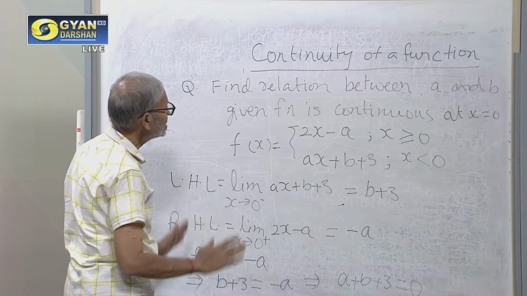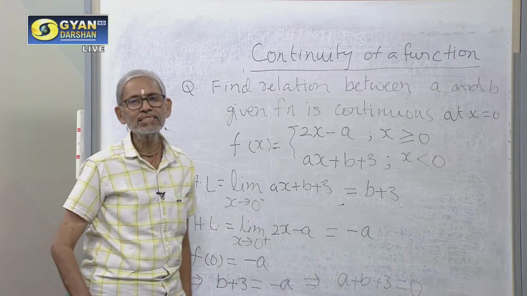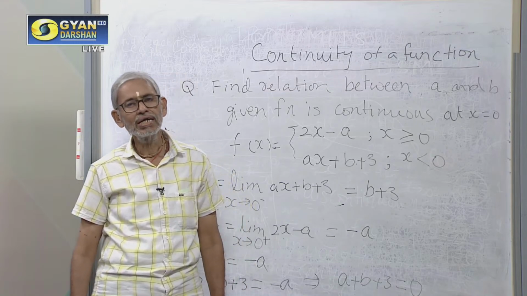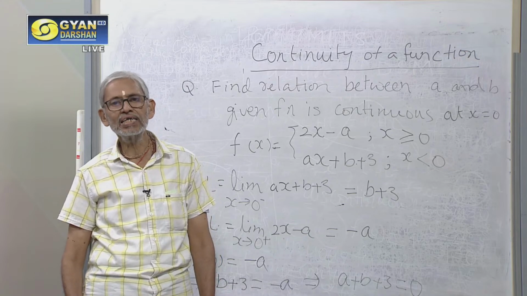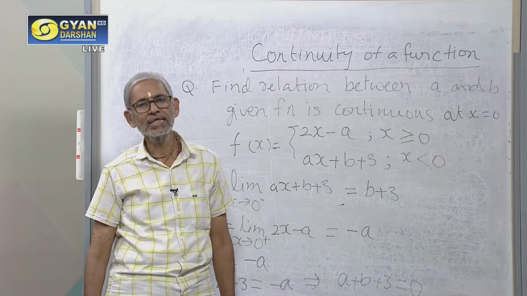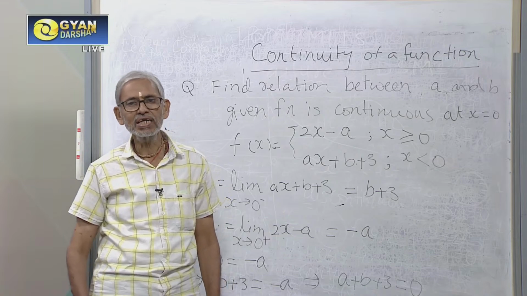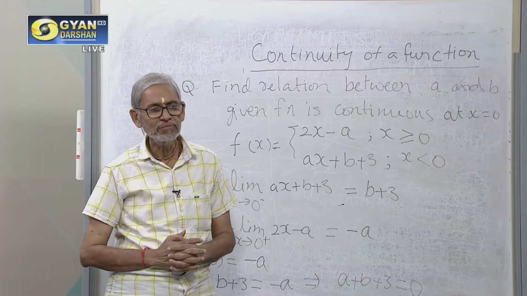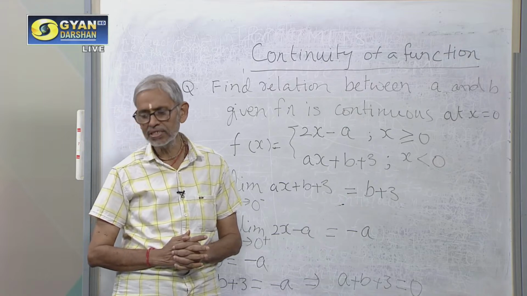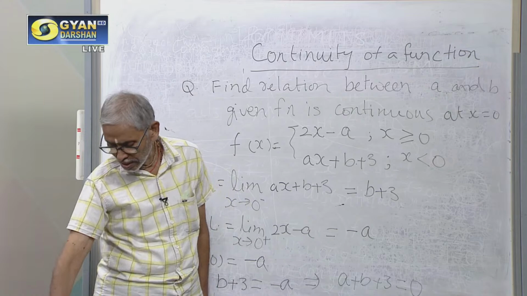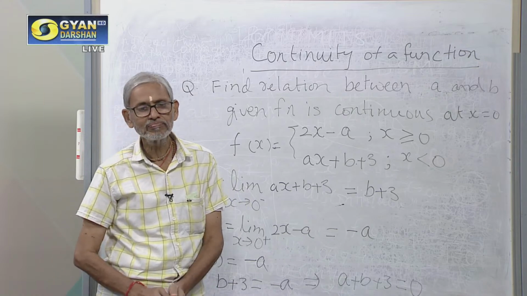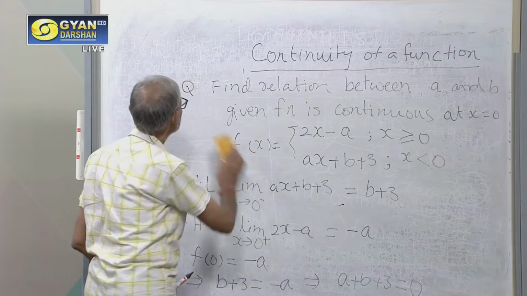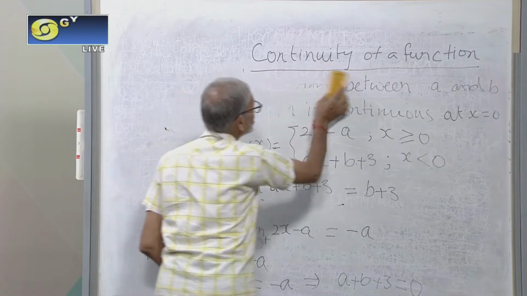If within a range the function is continuous at all the points, then we call that the function is continuous for the entire range. And suppose there are two functions f x and g x and both are continuous in an interval a b, then the simple algebra you should remember.